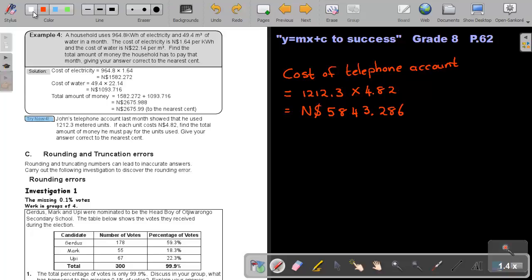Now I'm asking you to the nearest cent. So it's that second decimal place. Now that's 6. Make that one more. So it's becoming a what? A 9. So my answer will be N is 5843.29. That will be my final answer, correct to the nearest cent.